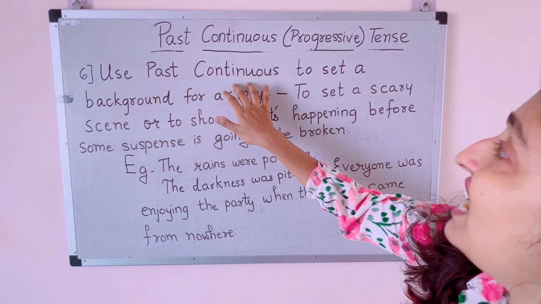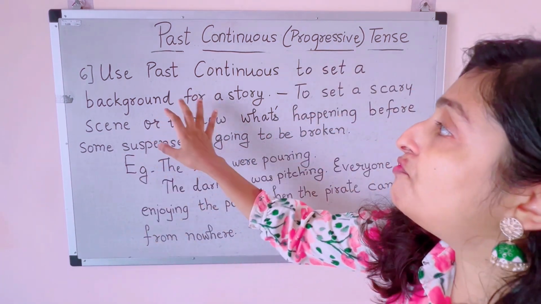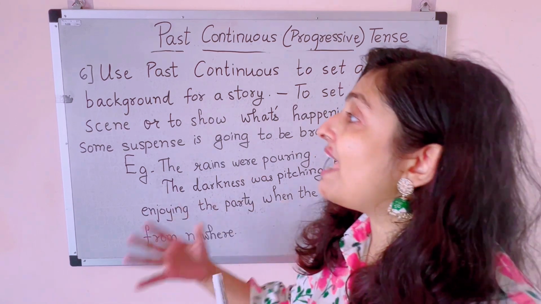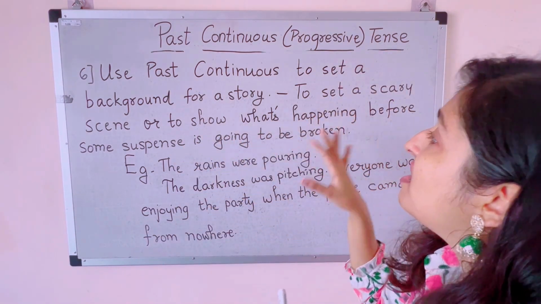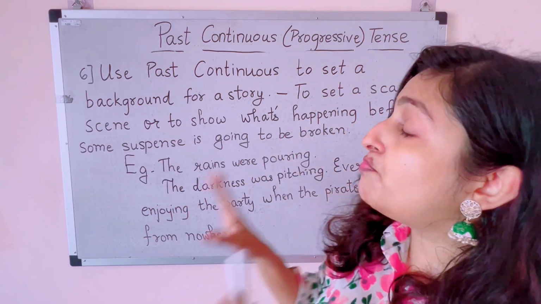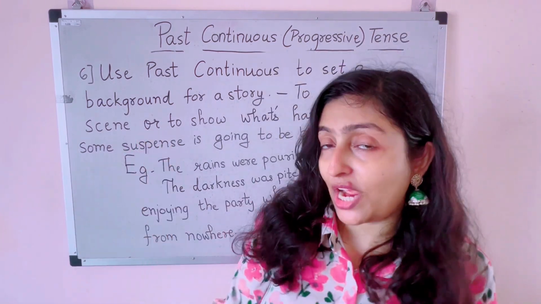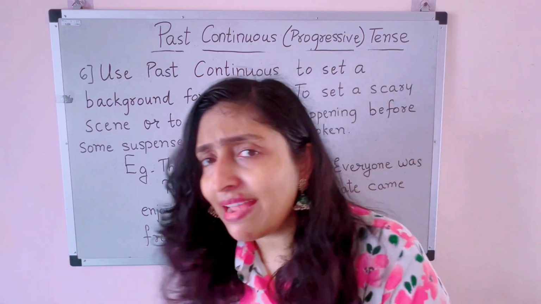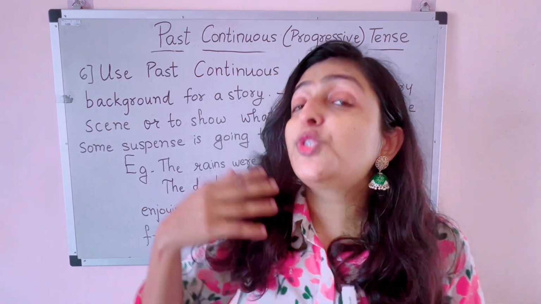Use past continuous to set a background for a story, to set a scary scene or to show what's happening before some suspense is going to be broken. Use past continuous tense.